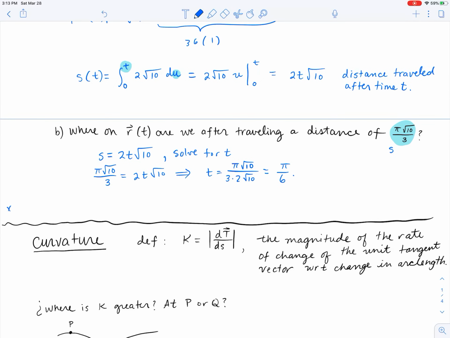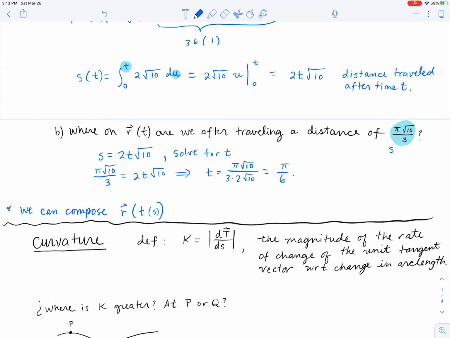If we want to, so this is extra, we can compose, let's see, r with t of s. I'll show you what that looks like.